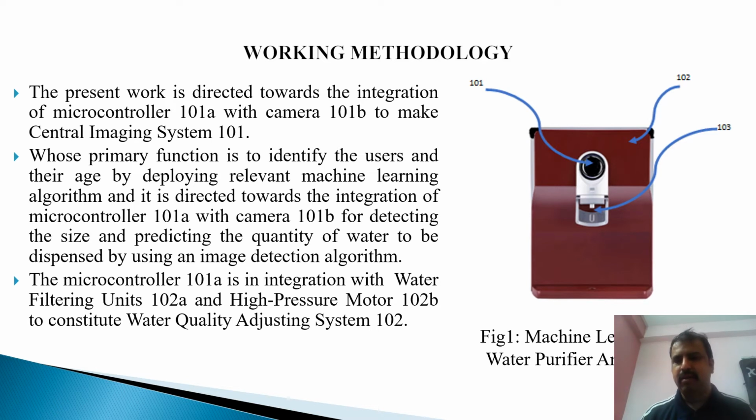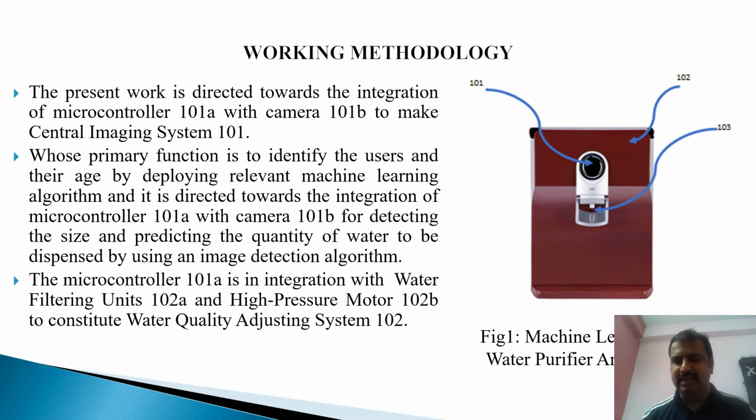And 102 is the water quality adjusting system, which is interlinked with the microcontroller 101A. The main concept of this second part, the water quality adjustment system, is that it consists of a filtering unit, a high pressure motor and appropriate relays and valves.